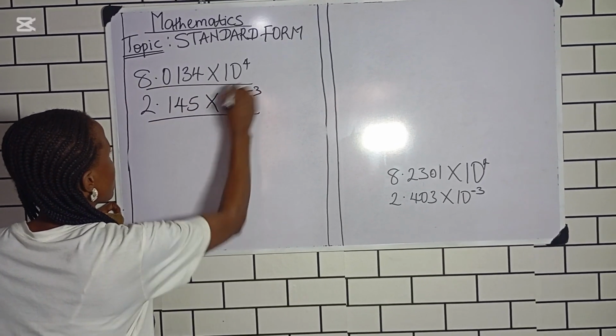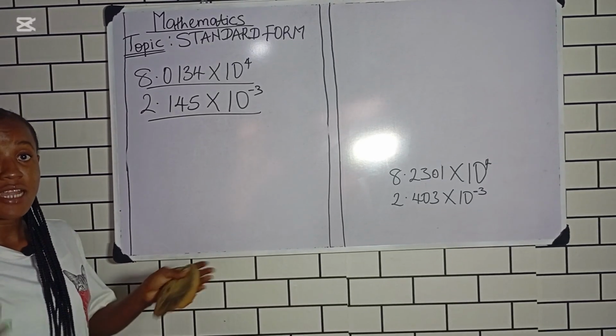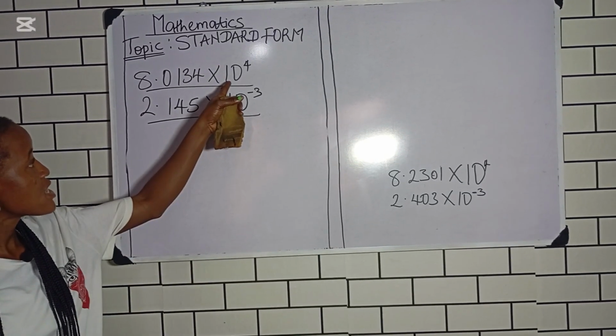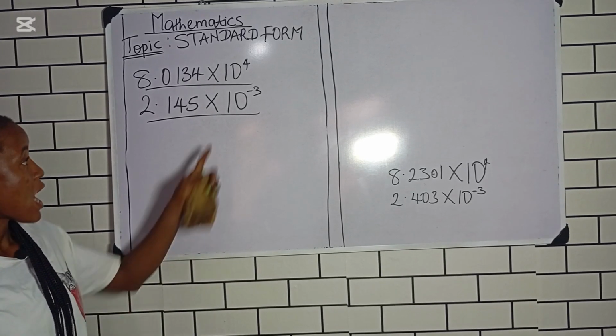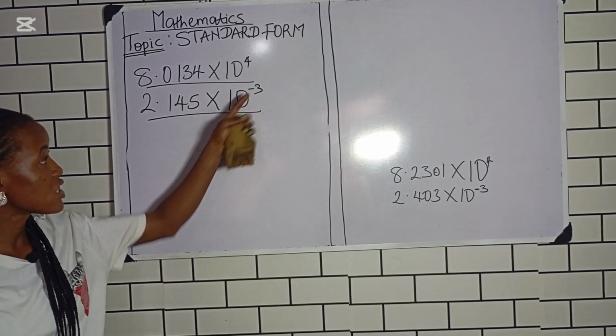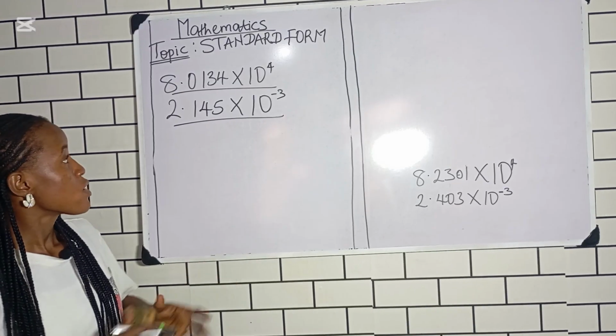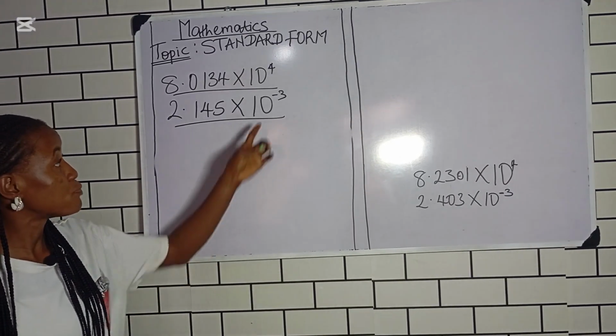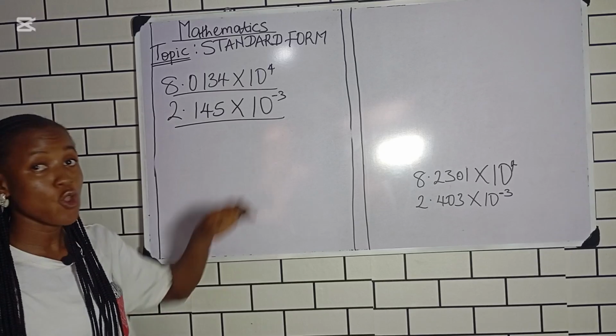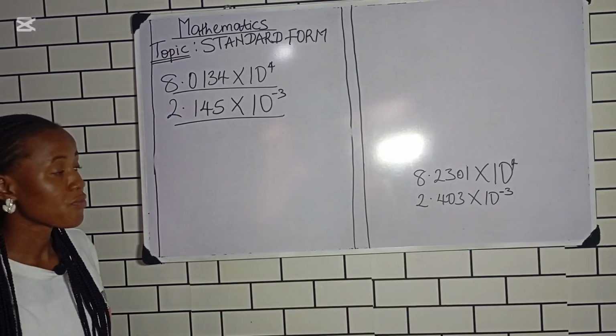These numbers are both in standard form. You can see here the power of 10 is a positive whole number and the power of 10 here is a negative whole number. The position of the decimal point will depend on whether the power of 10 will be a negative sign or a positive sign.